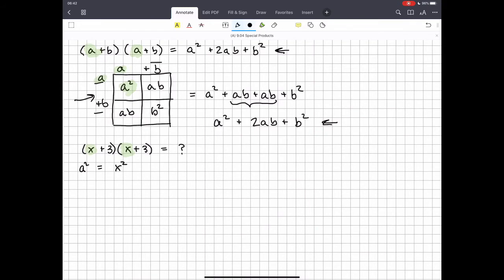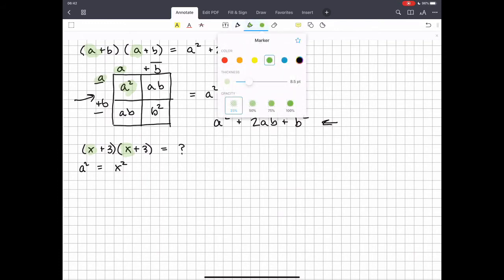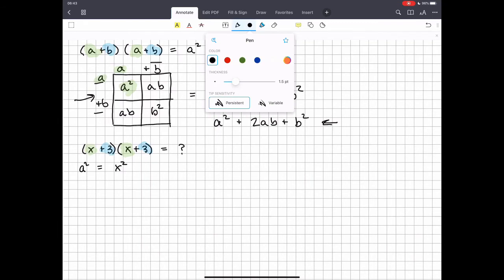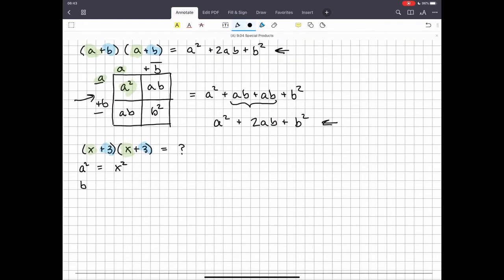The result of multiplying the a times the a, in this case, is x times x, which is x squared. My b variable up here is represented by the 3. So if I square those, I end up with 9.